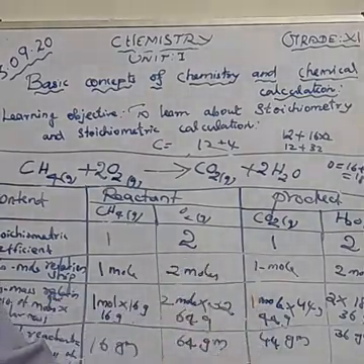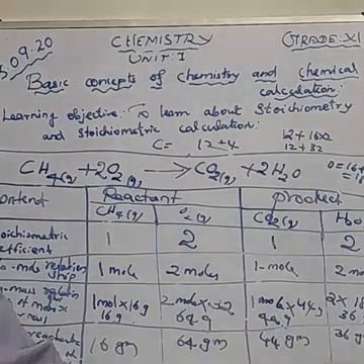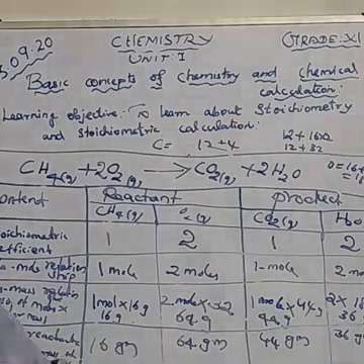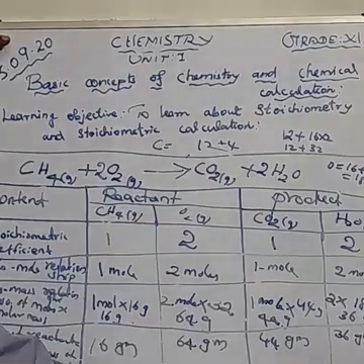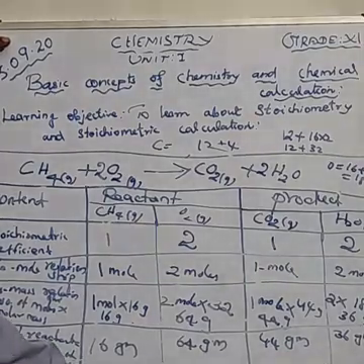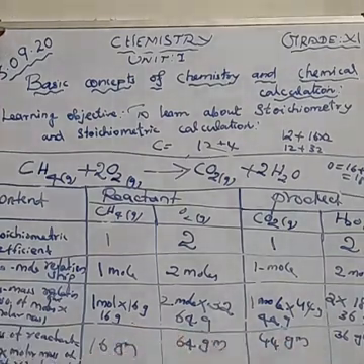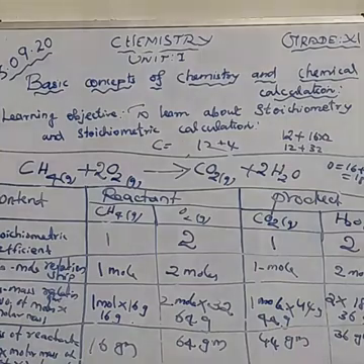So 1 into 22.4 liters is equal to 22.4. Okay. The next one, 2 into 22.4 liters. What's the answer? 44.8. Okay.